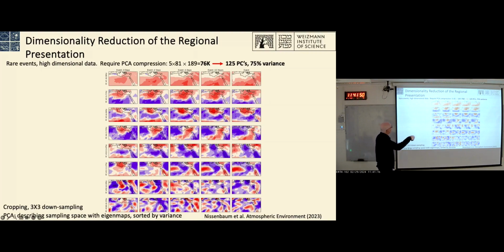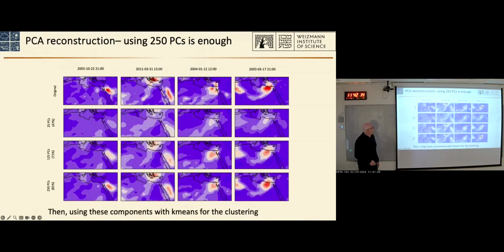We go from a very long length scale all the way to a very small length scale. And basically, we can do it from the day of the event all the way to 3 days before, 7 days before, etc.